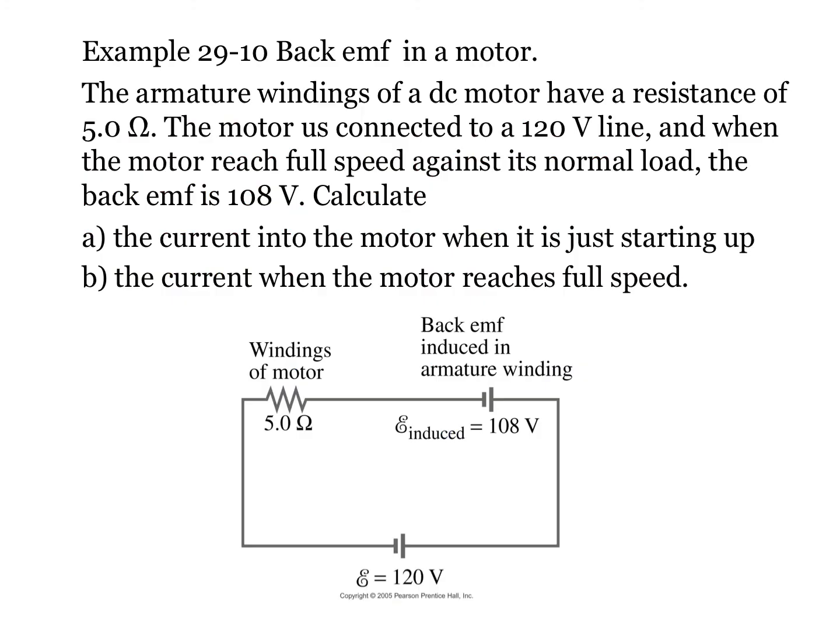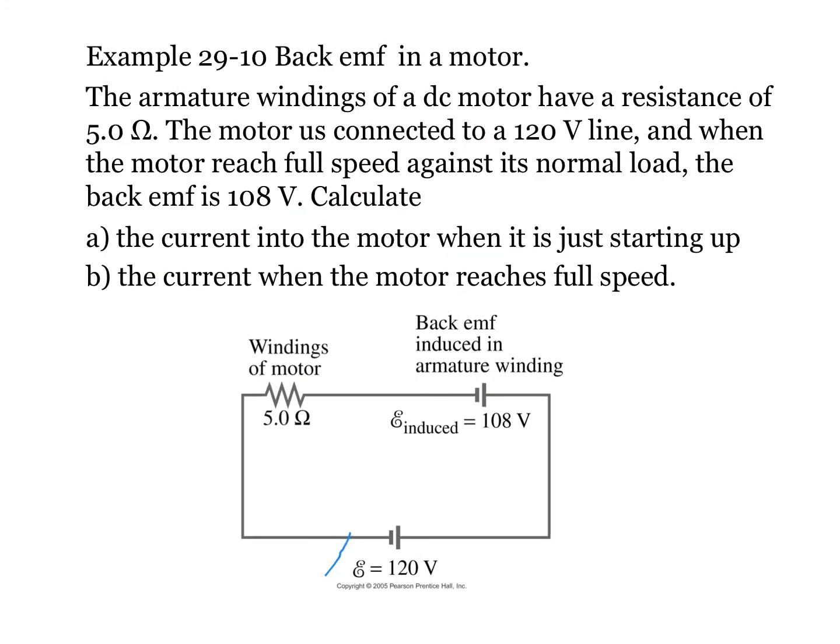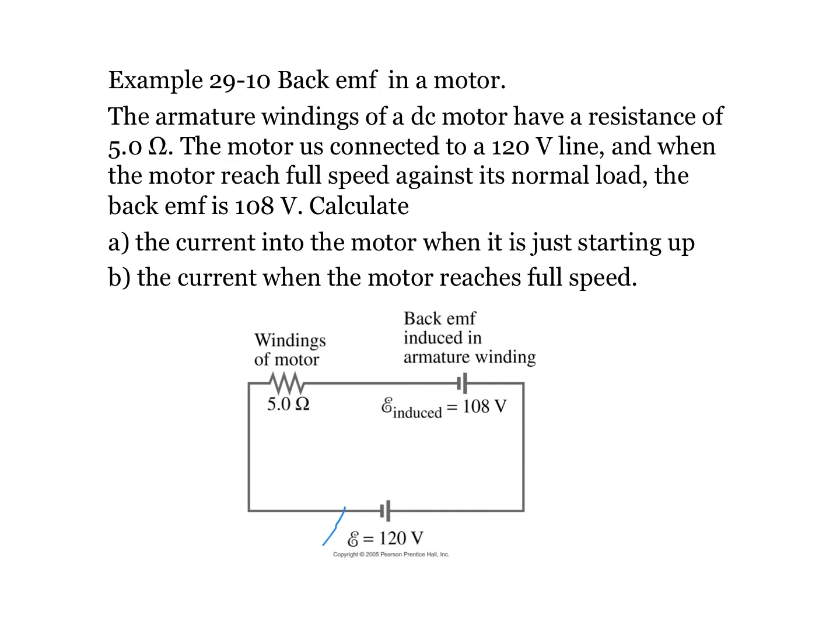Okay, so here you have a question in front of you. Basically, the armature winding of a DC motor has a resistance of 5 ohms. The motor is connected to a 120 volt line, and when the motor reaches full speed, the back EMF is going to be produced when your speed is more than your normal speed.